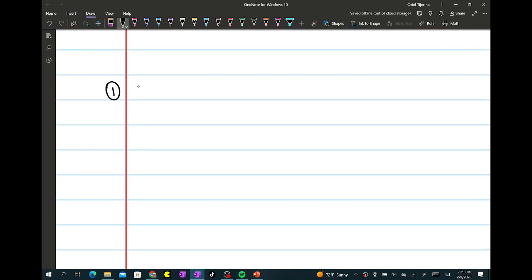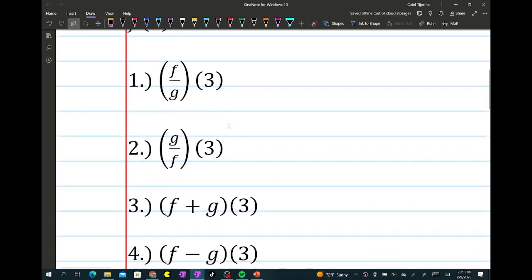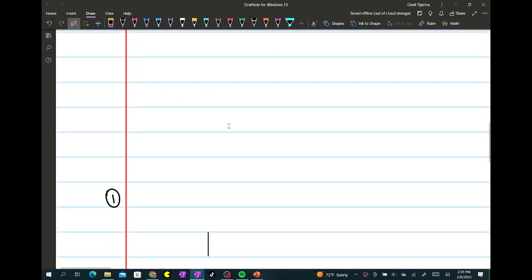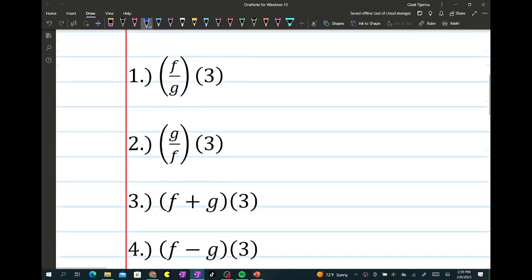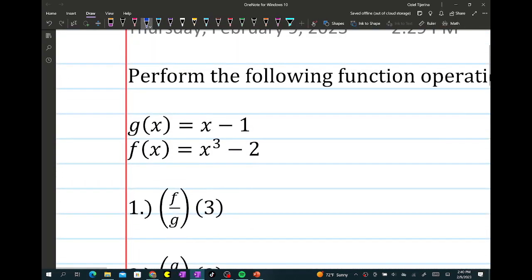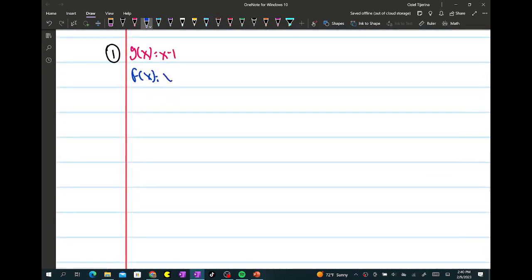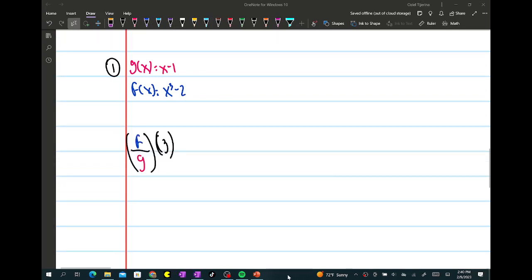Number one says, we have g of x equals x minus 1, so let me just put that in there, and then f of x equals x cubed minus 2, right? Okay, so this is the one that we want to do for this first one.